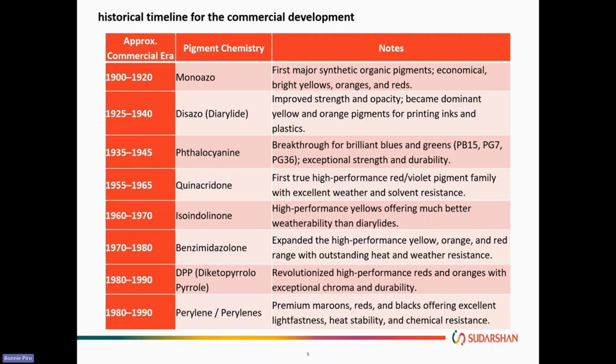Following that is the DPP chemistry, which we'll talk about today, as well as the perylenes. So this gives you a little flavor of how these types of chemistries came to light in the industry.